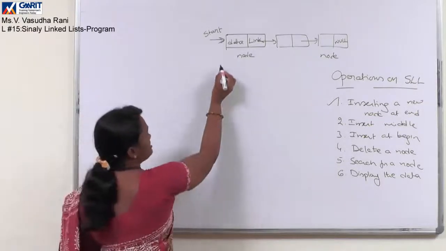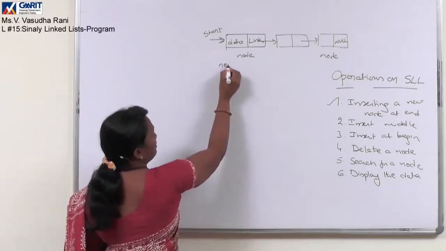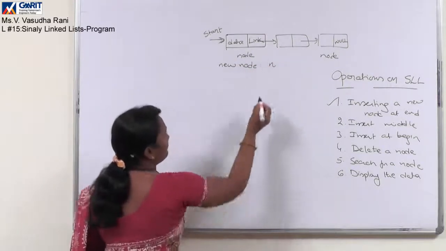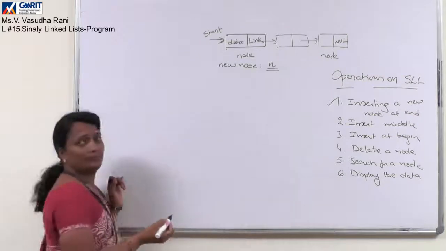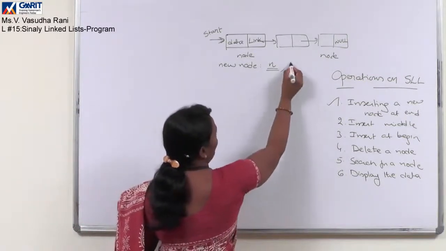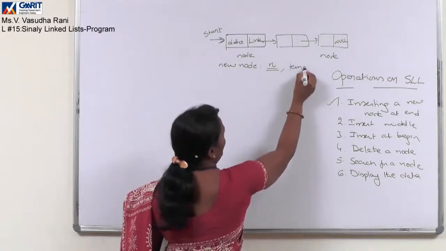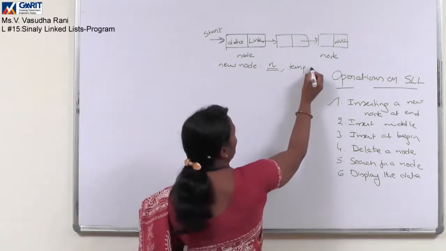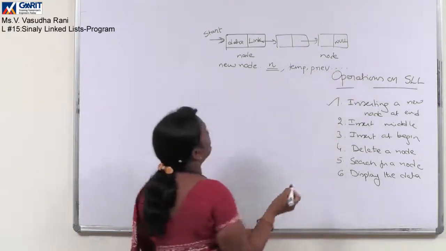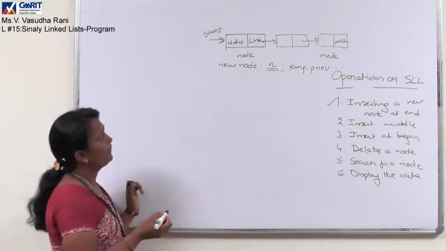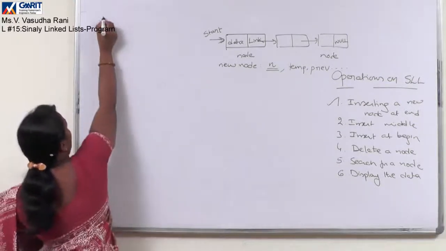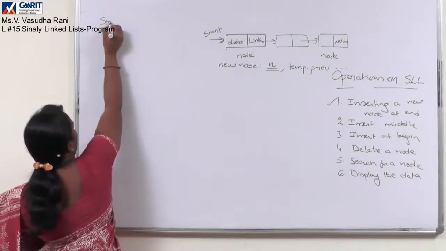And every time when you are inserting a new node, that new node we can take it as an end node, and while performing the operations we have to consider a temporary node, a previous node, like that. So now let's take the structure defined for a node.